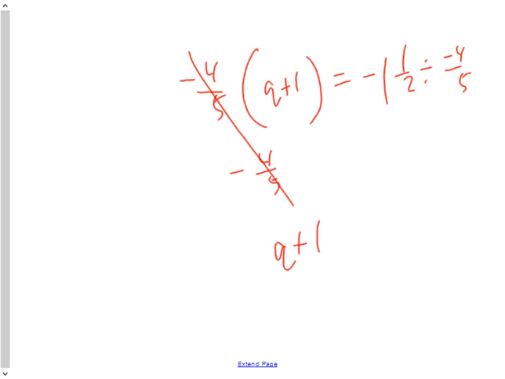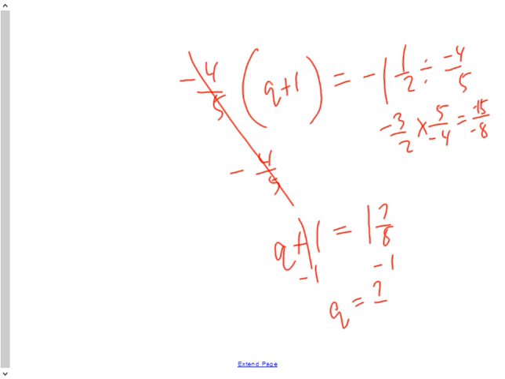Q plus 1 equals, multiply by the reciprocal. That will be negative 15 over negative 8, or positive 1 and 7/8. Subtract 1 from both sides, and Q will equal 7/8. That's the easy way to do it.